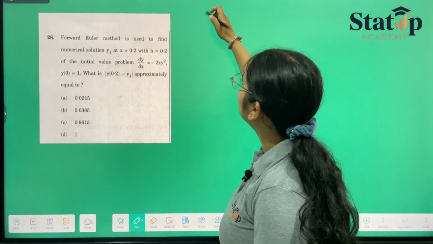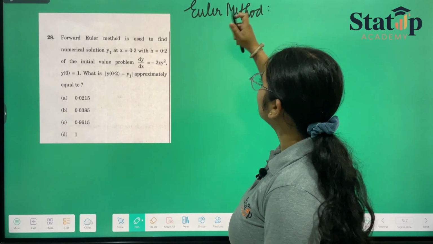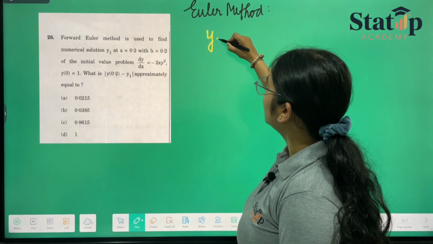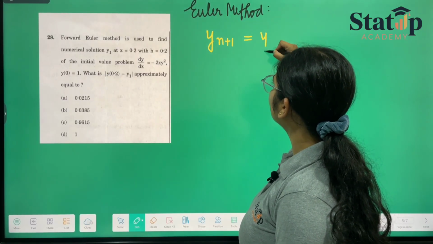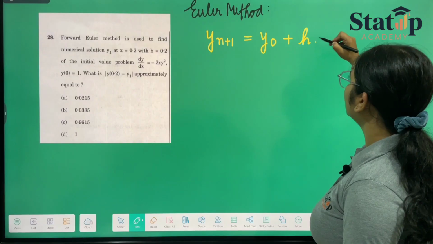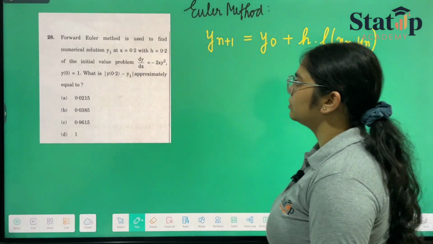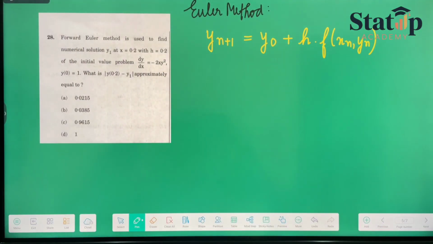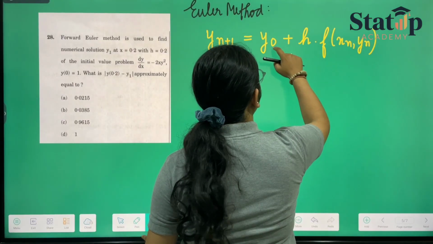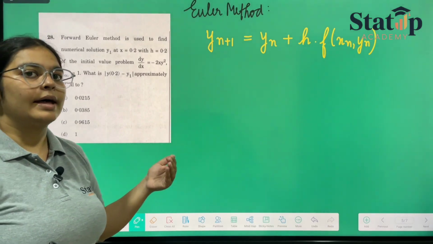First of all, let us see what is Euler method. yn plus 1 is equal to yn plus h into f(xn, yn). This is the formula for Euler method, and it is an iterative process.